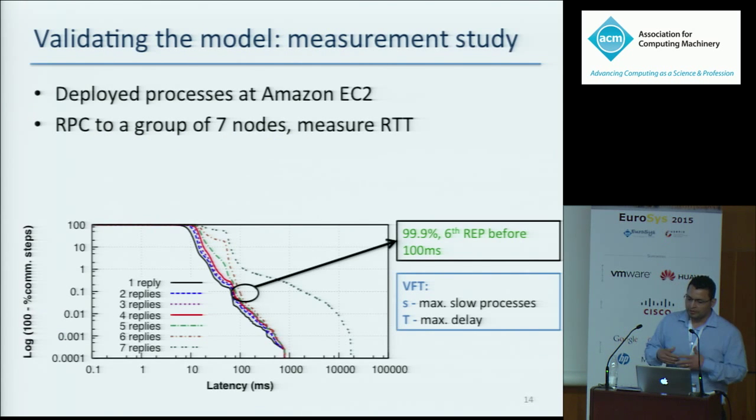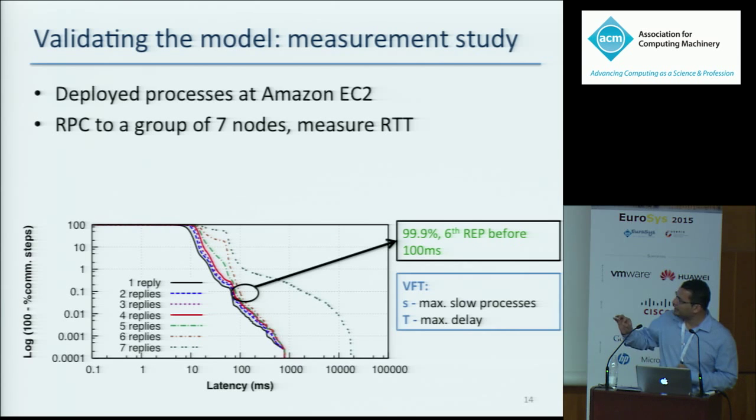We deployed a group of processes in Amazon EC2, and in this group, each process sends out an RPC call to all participants to emulate an RPC-based distributed protocol, and measures the RTT. What we see in this graph is a complementary CDF aggregating about 3 million messages for a group of 7 processes.